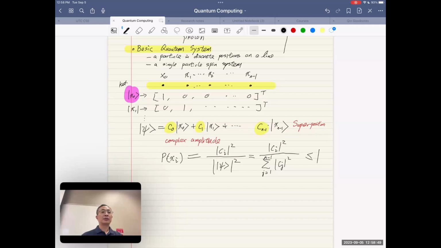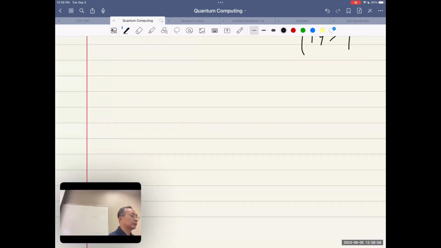I covered the normalization, and the next concept the book emphasizes is the spin. The book basically uses the example of a very old experiment, where electrons in a magnetic field can spin up and down.